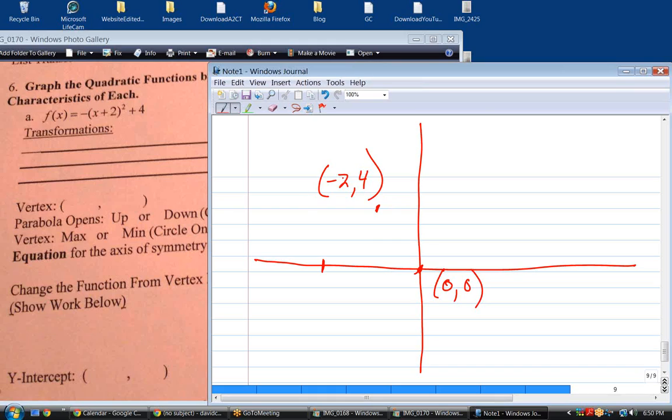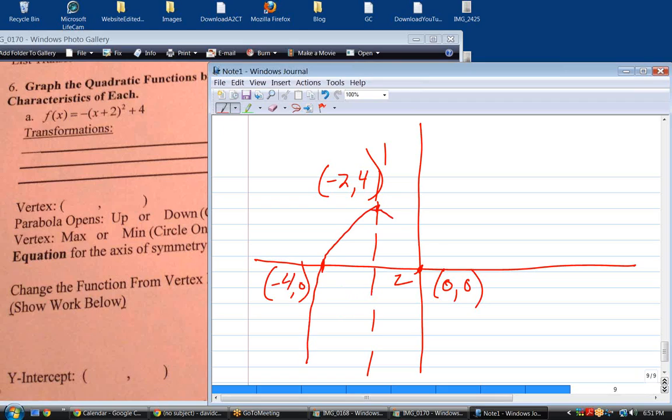It's 2, right? Yeah. So, since that's the line of symmetry, this distance between here and here is 2. This distance then has to be 2 because of the symmetry of it. So what is this x-intercept? What are the coordinates on it? -4, 0. Yeah. Now I've got 3 points.